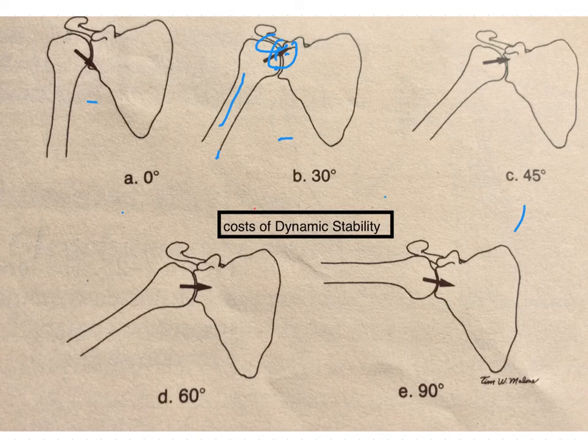So the supraspinatus tendon and the subacromial bursa are taking some pressure, which helps in the dynamic stability. Though all the equilibrium factors are present, some pressure is taken up by these structures.